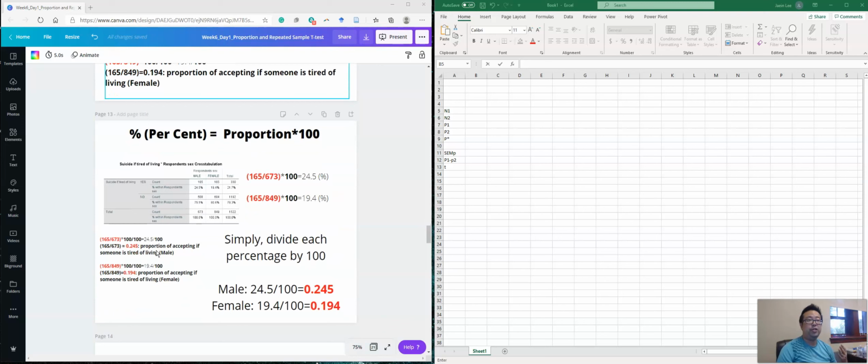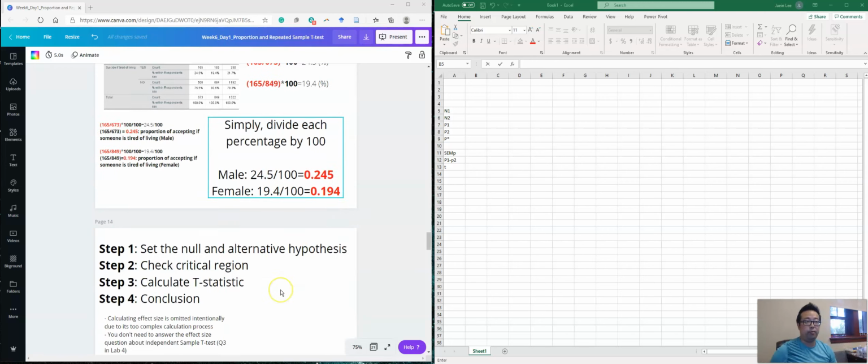So simply, you can divide those percentages by 100 to create a proportion. 24.5% divided by 100 will be 0.245, and 19.4% divided by 100 will be 0.195. So if we want to transform the percent format to the proportion format, you can just divide the percent by 100.